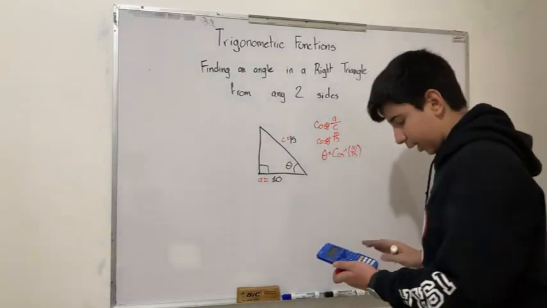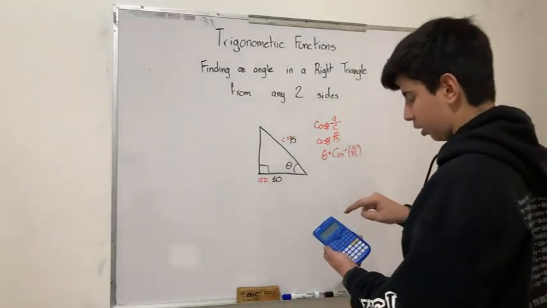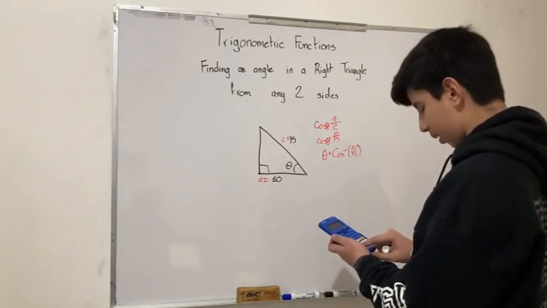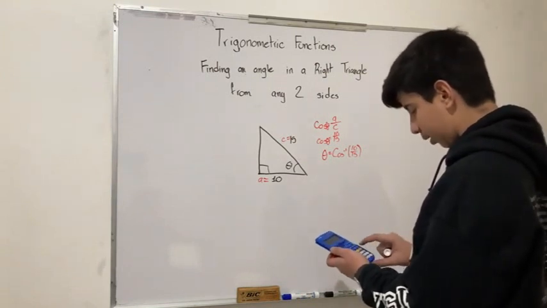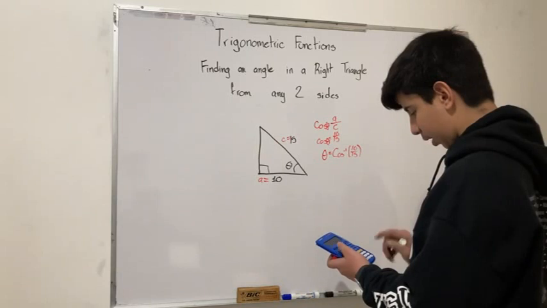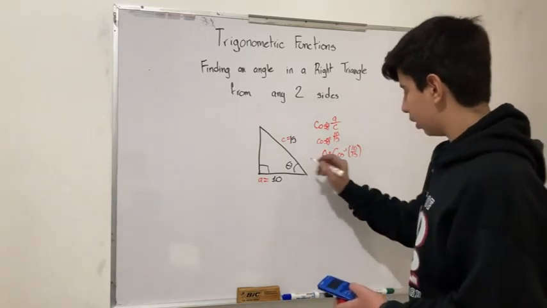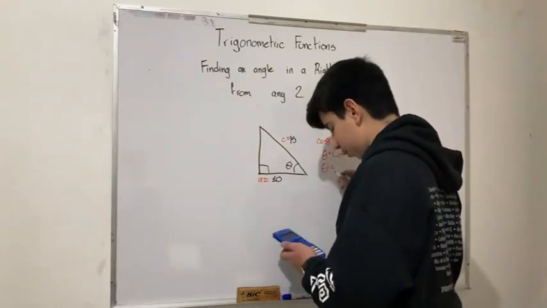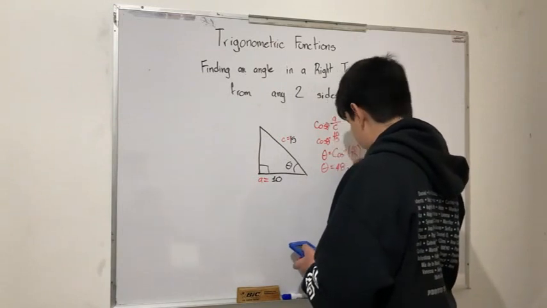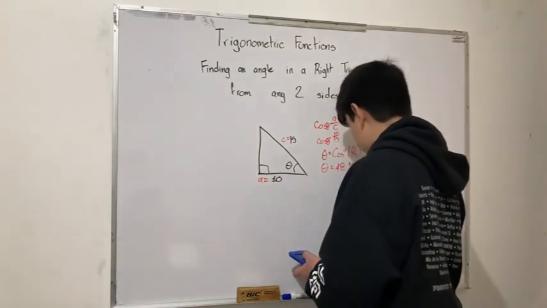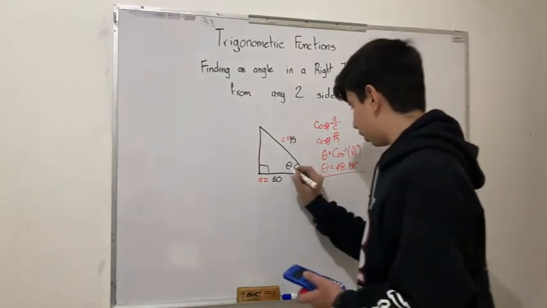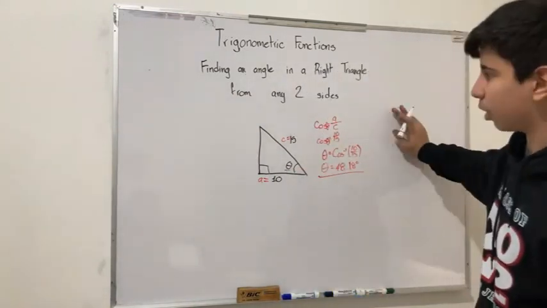We go to our calculator, we click on cosine minus 1 of 10 divided by 15, and we know that the theta angle will be 48.80 degrees. And that's how you solve it.